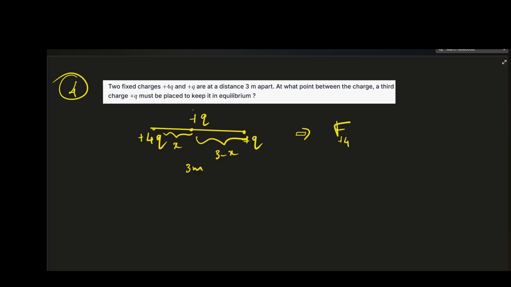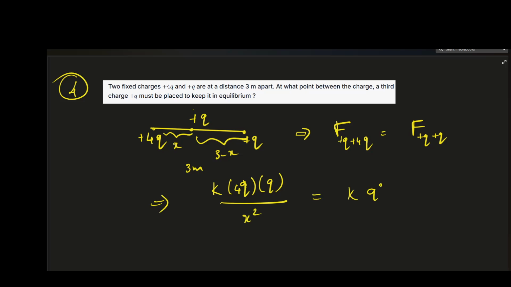That is k into 4q into q divided by x square is going to be equal to k q square by 3 minus x the whole square.